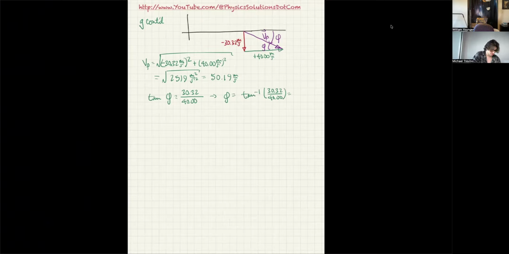That gives me 37.16 degrees. So the final velocity would be V is equal to 50.19 meters per second at 37.16 degrees below horizontal.